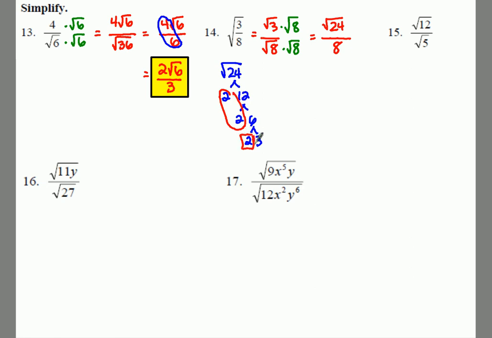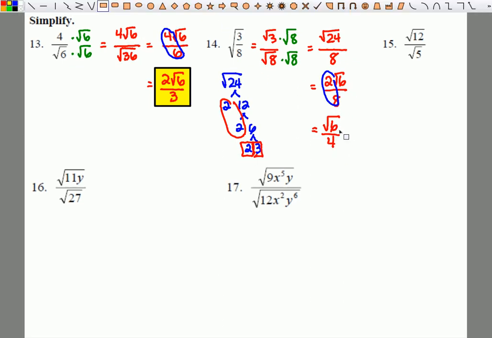This 2 and this 3 are going to stay underneath, so your radical 24 really turns into a 2 radical 6 all over 8. And once again, we can simplify any fractions that are on the outside. So we can make this a radical 6 with a 1 out front, because that becomes a 1, this becomes a 4. Or we can just write it as a radical 6 over 4.